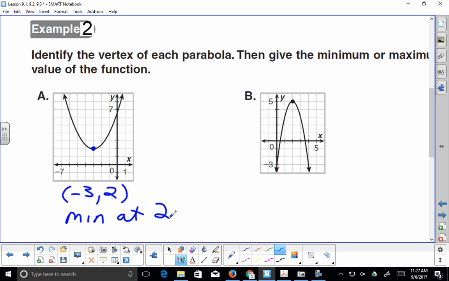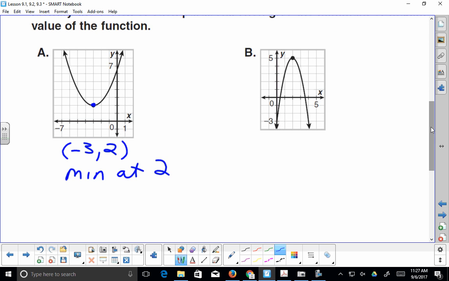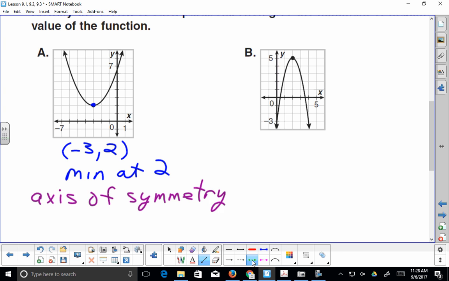So these two numbers always go together, okay? Now the other thing is there's this thing called the axis of symmetry, right? We talked about that a little bit. The axis of symmetry is what cuts the graph in half vertically, okay? So that means there's actually a vertical line. You can't see it, but there's a vertical line here that cuts the graph in half.